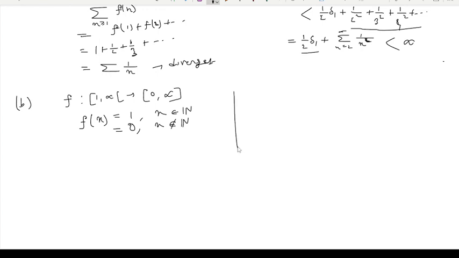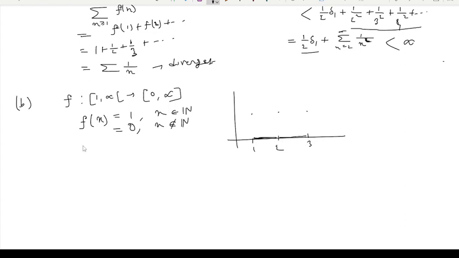So the figure of this fx will be like this. At 1 it will be 1, at 2 it will be 1, at 3 it will be 1, and in the other portions it will be 0. So clearly the function is not continuous.